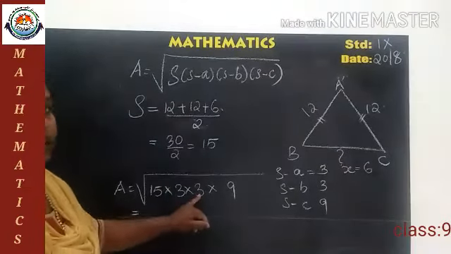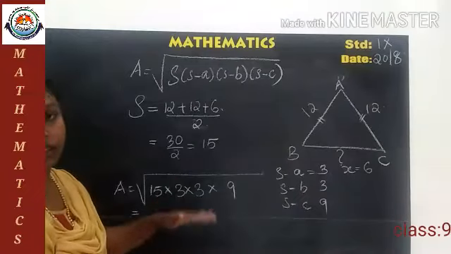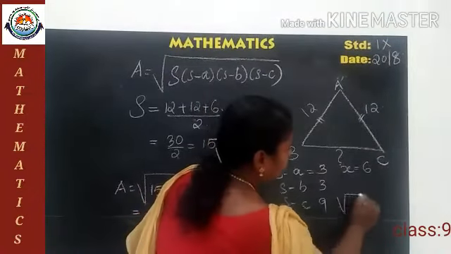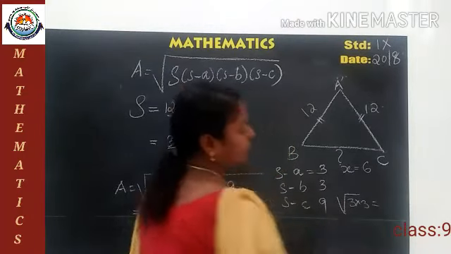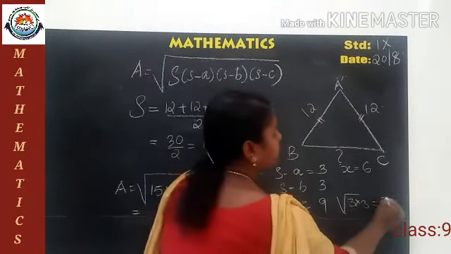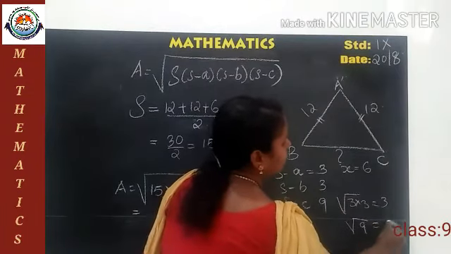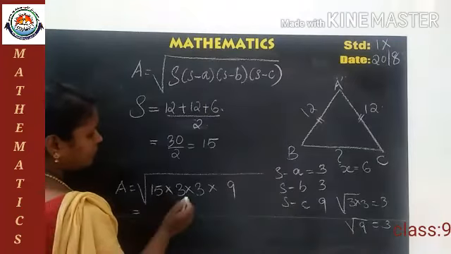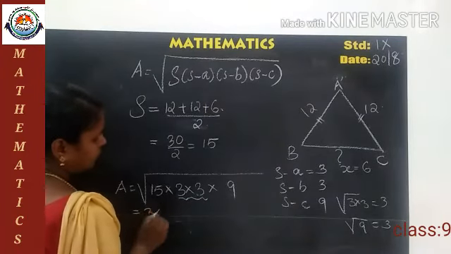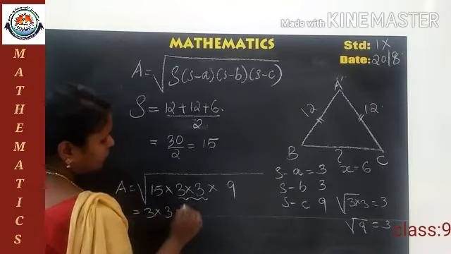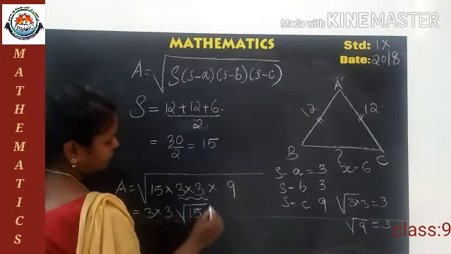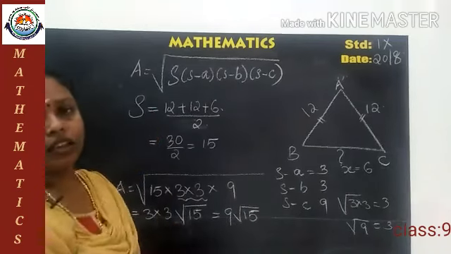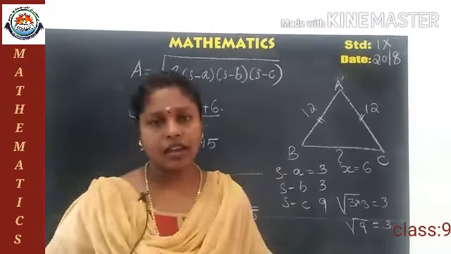Root of 3 into 3 is 3, and root 9 also equal to 3. Therefore we can take it as 3 and this root 9 also 3, therefore 9 root 15. This is the area of the isosceles triangle.